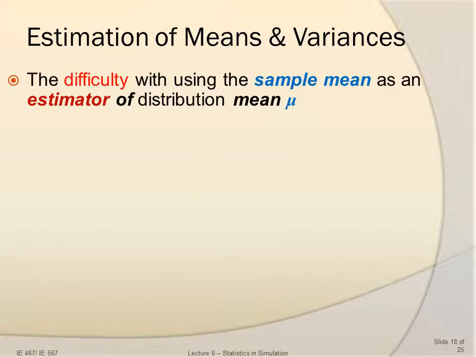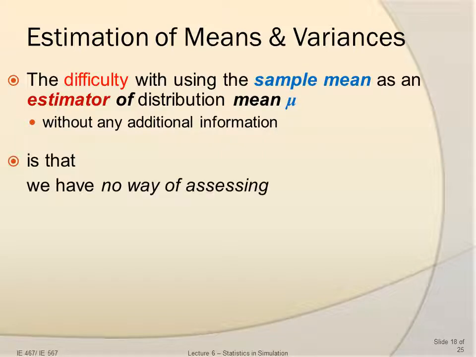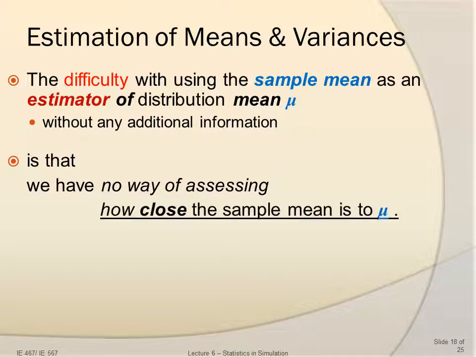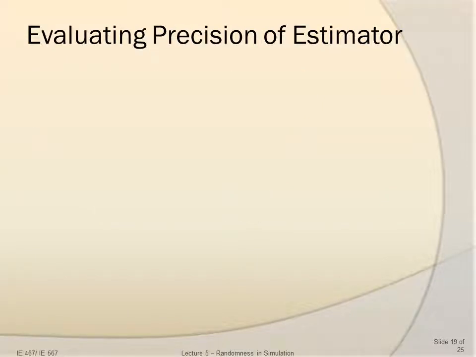So now, of course, there's certain difficulty when using the sample mean as an estimator of a distribution mean mu. Without any additional information, we have no way of assessing how close the sample mean is to the population parameter mean mu.